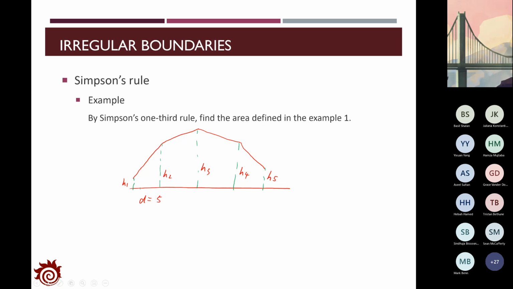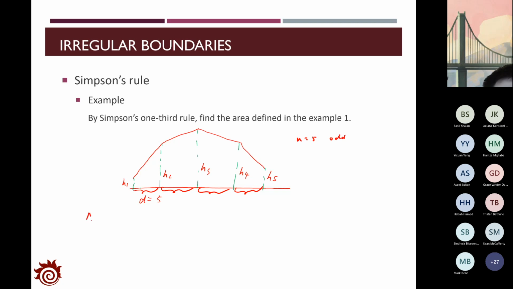So we know that there are 4 intervals that we specified, and we have the height at each interval. And here in this example, n equals 5. This is an odd number, so we can apply Simpson's rule directly.